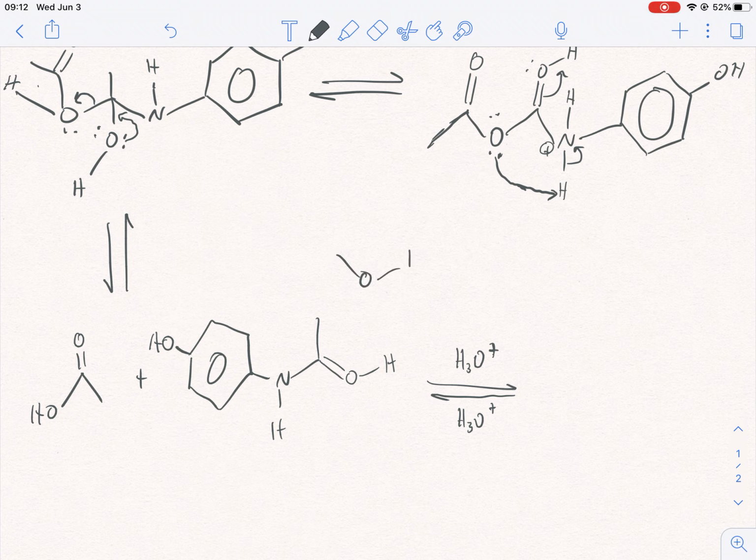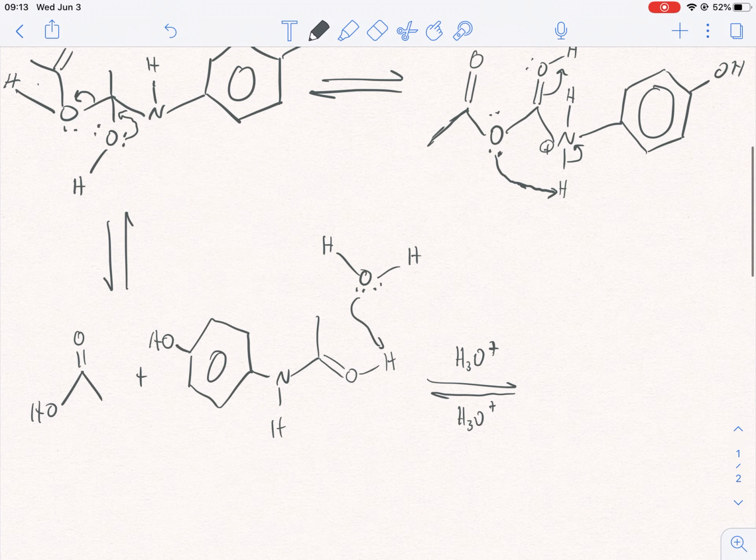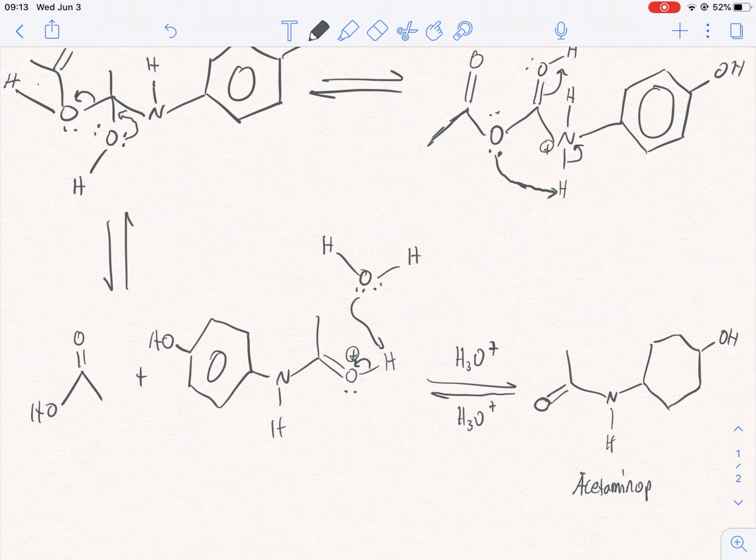Now, a water molecule within solution will deprotonate our structure, leading us to this guy, which is acetaminophen.